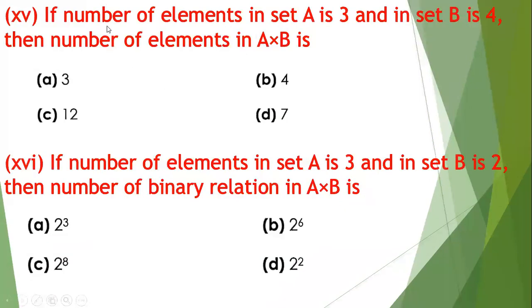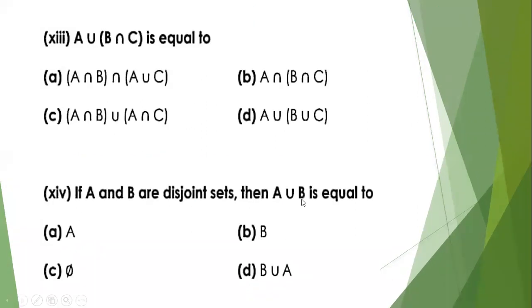Okay, the 15th part. Suppose you have elements in A, which are 1 and 2, and you have the elements in B, which are 3 and 4. If you want to find the union of A and B, the combined elements are 1, 2, 3, and 4.